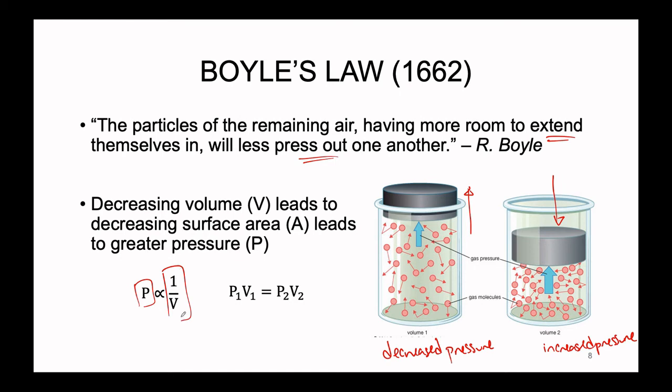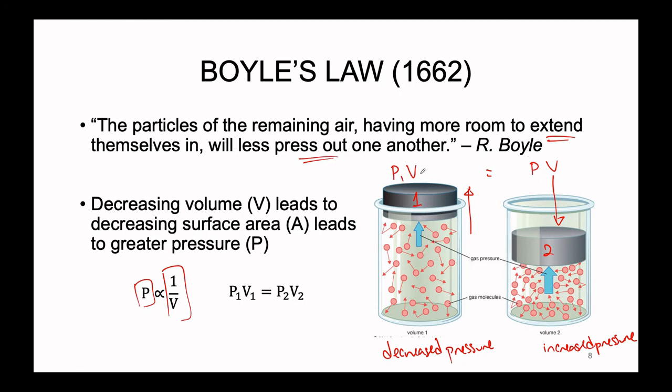Now, if you consider two different combinations of pressures and volumes, like for instance, a container where the temperature has not been changed and the number of particles inside has not changed, like we can see illustrated here, the product of the pressure and the volume for the container here on the left must be equal to the product of the pressure and the volume for the second jar here on the right.